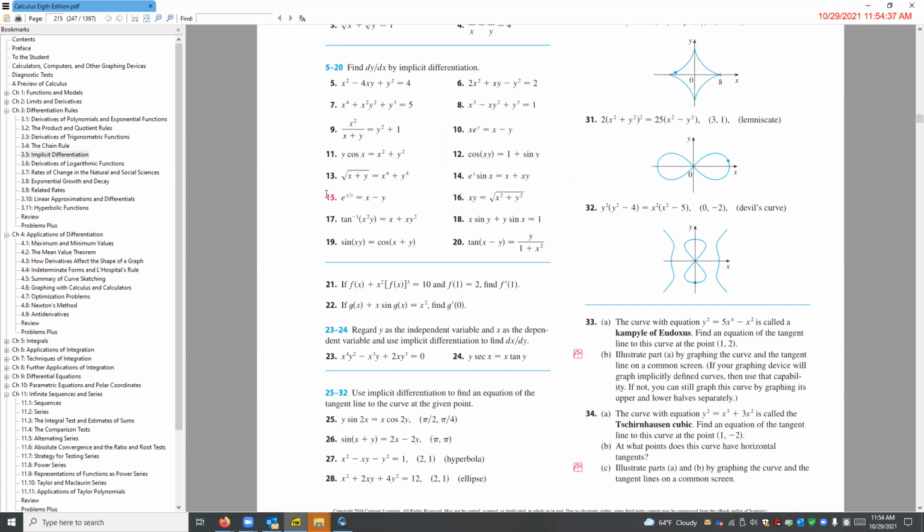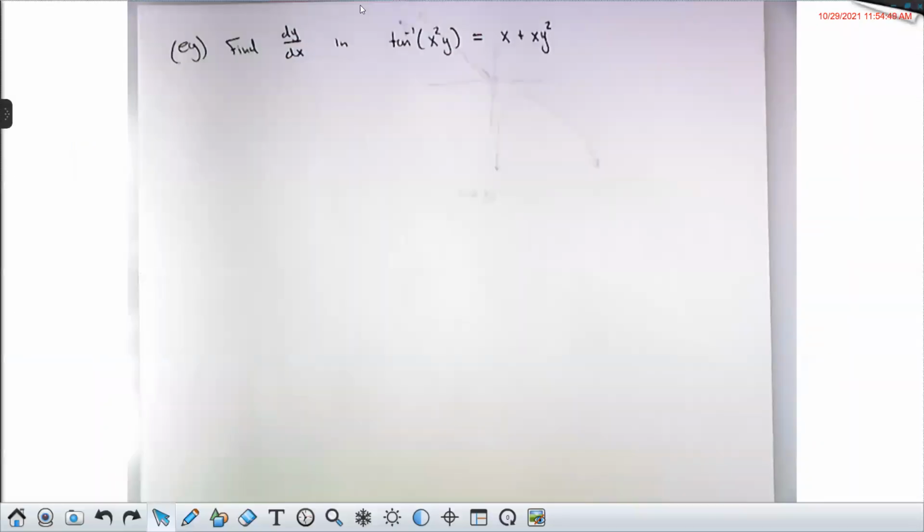So tan inverse of x squared y equals x plus xy squared. And remember here, if you're looking for dy dx, the implicit assumption is that y is a function of x.